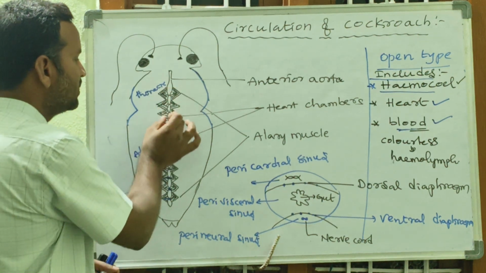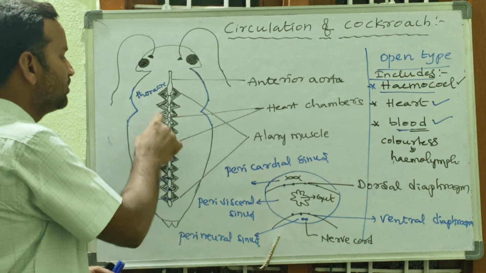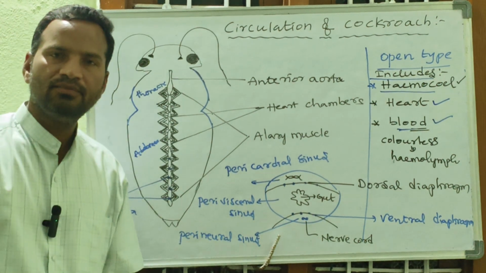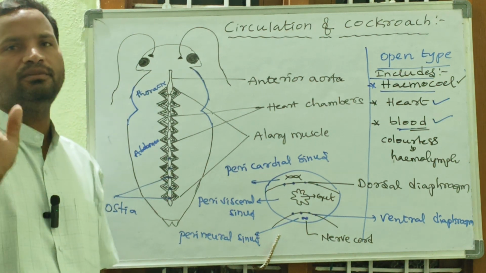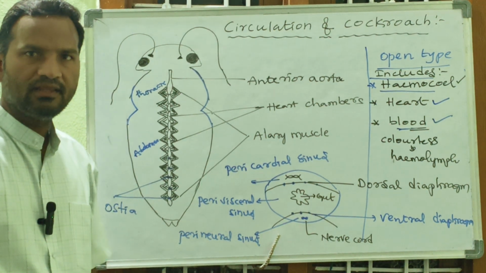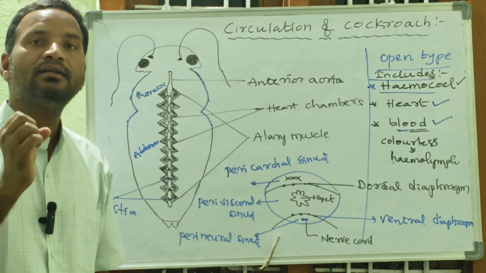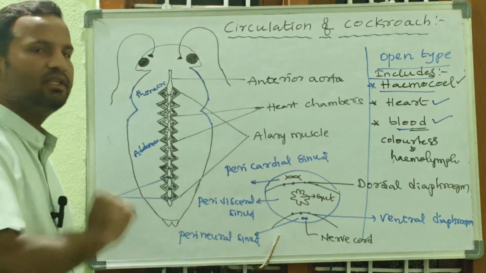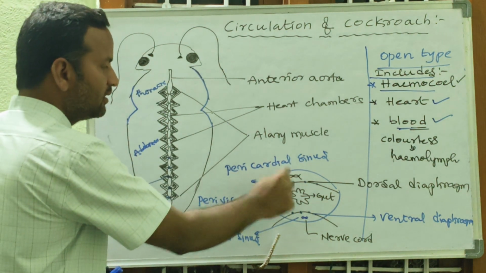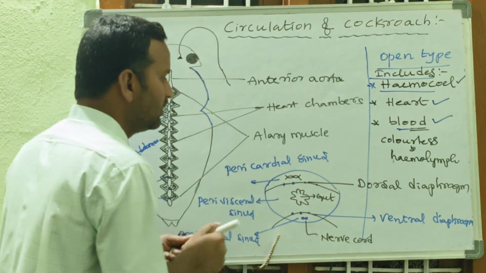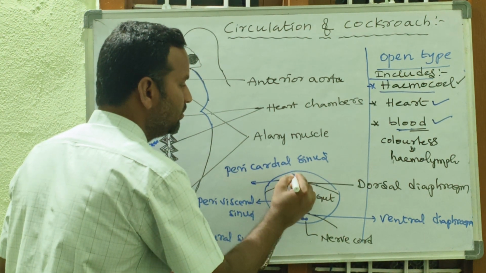These are the alary muscles. A pair of alary muscles are present on either side of the heart, and a pair of alary muscles are present in each and every segment of the body. The heart is present in the pericardial region, that's why either side of the heart chambers possess alary muscles.